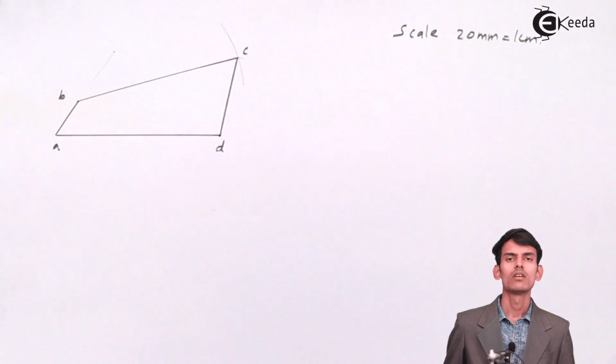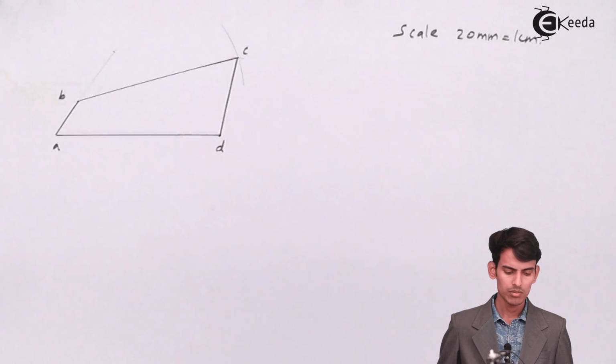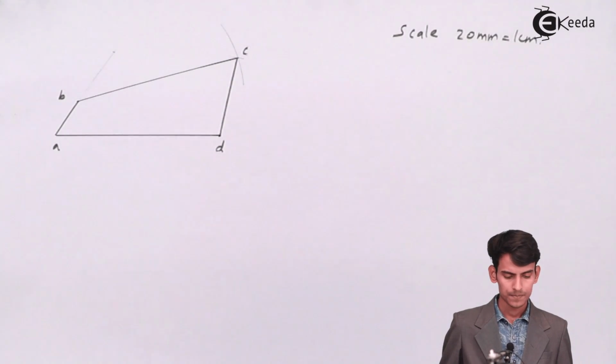So we've drawn the configuration diagram taking the scale as 20 mm equal to 1 centimeter. ABCD is the 4-bar chain and the link AD is fixed. Now we can move on to the velocity diagram.